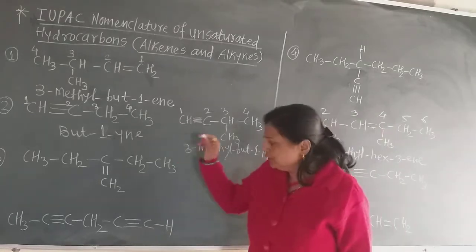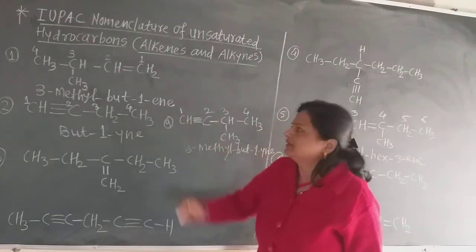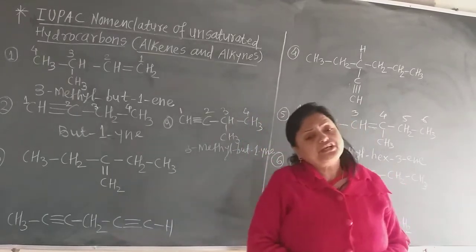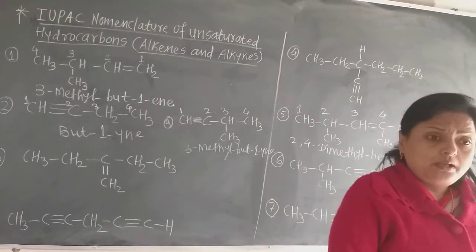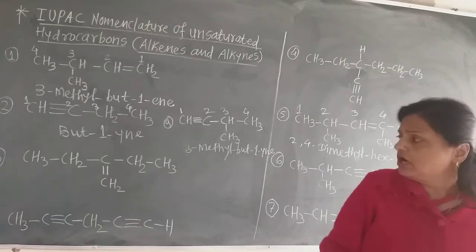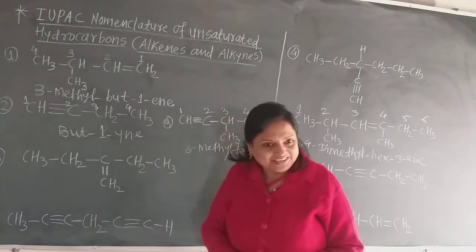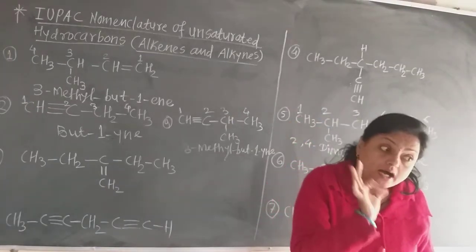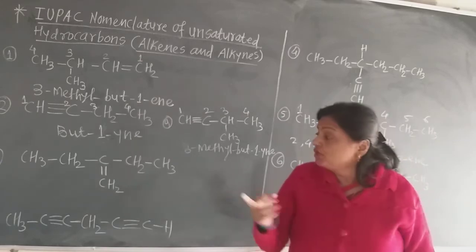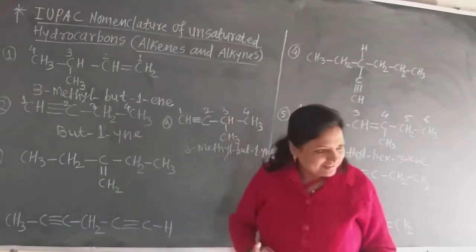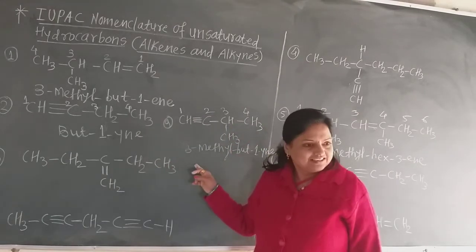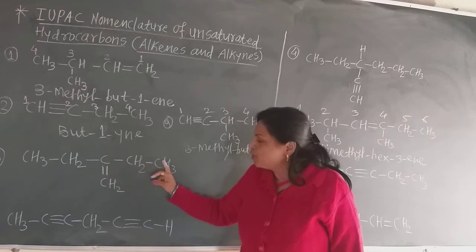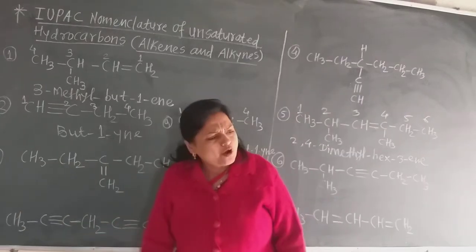You can give the number to this example. Now see, I have drawn this structure somewhat differently here, but it doesn't matter. Here the double bond is shown in this way. But we must remember that we always select the chain which has the double or triple bond. So do not select this chain. You have to select this type, 1, 2, 3, 4 or 1, 2, 3, 4, which is similar from both sides.